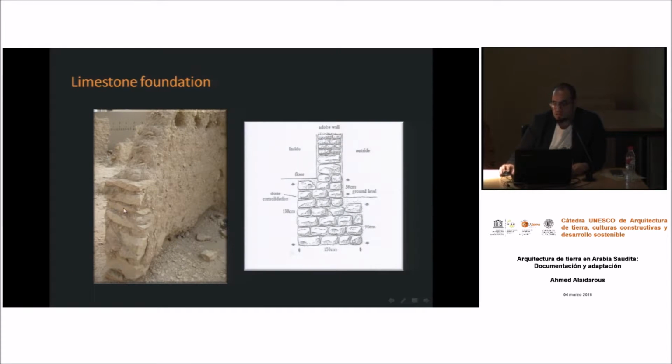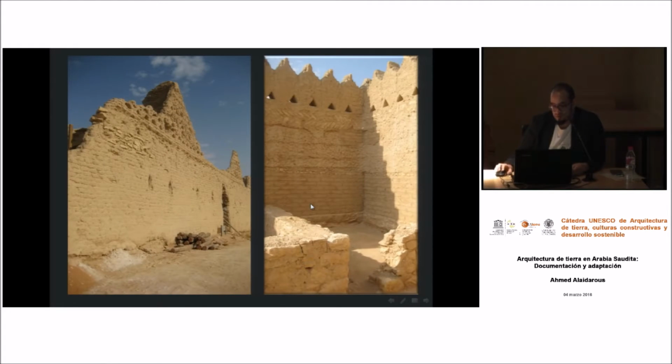The construction of the main structure is simple, with limestone built 50 centimeters above the ground level, and the rest of it is with adobe, with compressed earth block. Sí, el compressed earth block son BTCs.